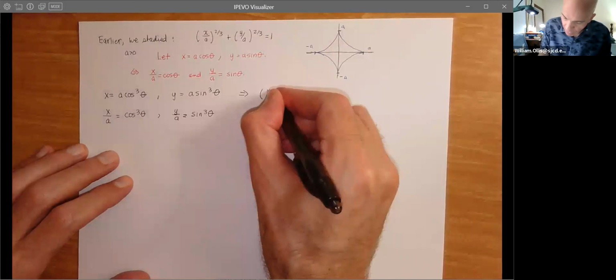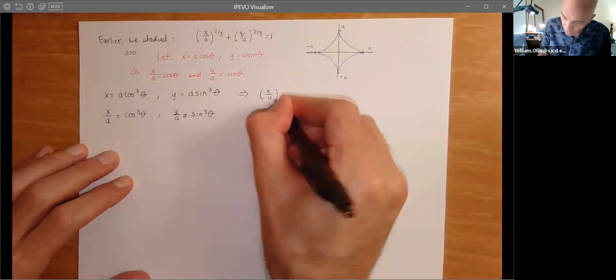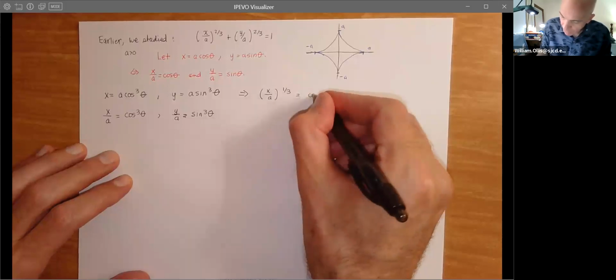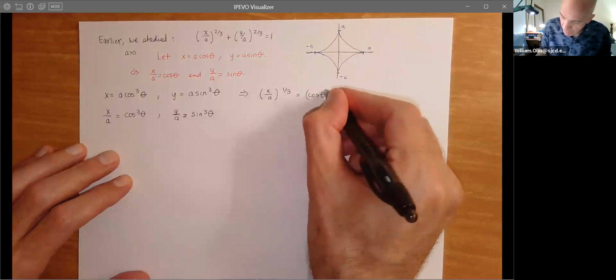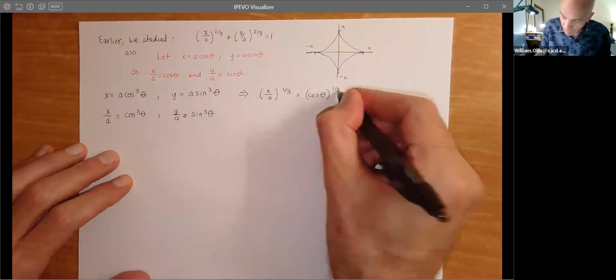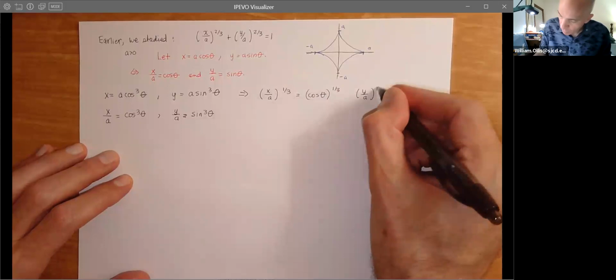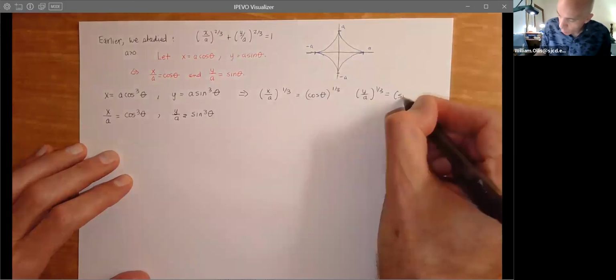So also looking at that, X over A to the 1/3 will be cosine theta to the 1/3. And then Y over A to the 1/3 will be sine theta to the 1/3.